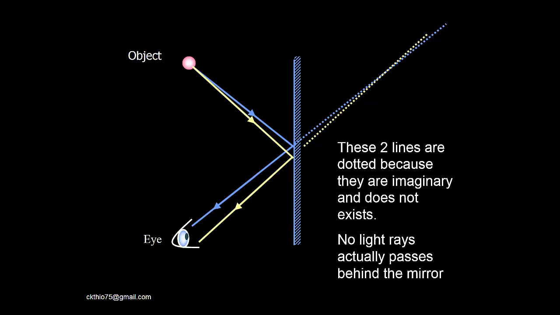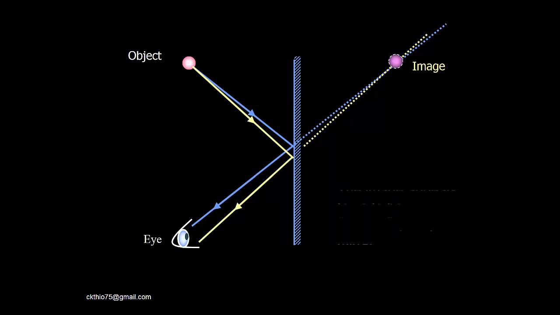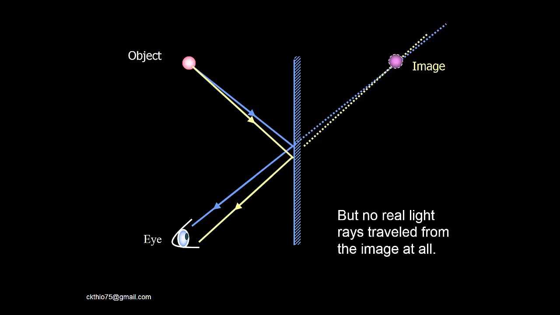These two lines are dotted because they are imaginary and don't actually exist. So actually no light ray comes from behind the mirror. Where these two dotted lines intersect is where the image of the object will be. So this is how we see that there's an image of the object inside the mirror, but of course, there is no real light traveling from inside the mirror out.